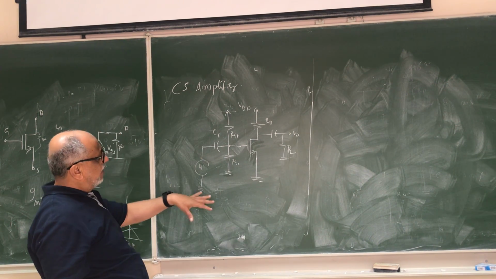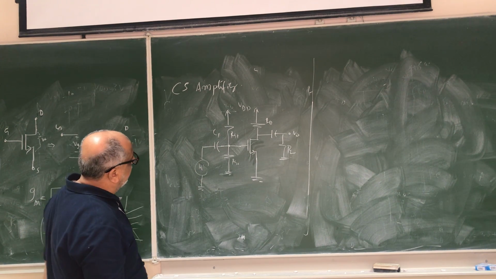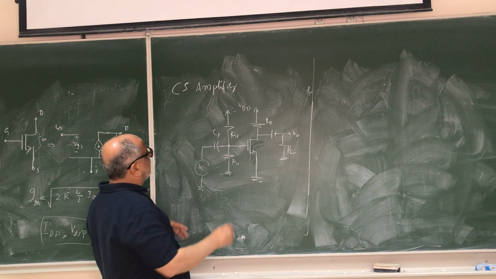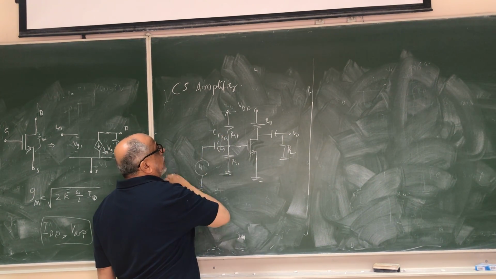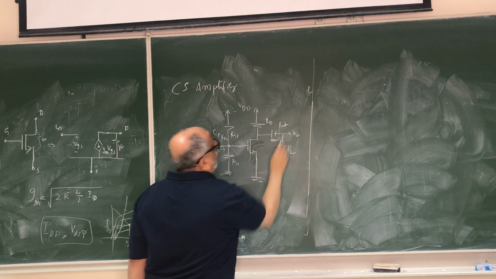So this is a basic common source amplifier. We would like to find the gain expression, input resistance and output resistance. As I said before, the input resistance is the resistance seen after the source, and the output resistance is the resistance seen before the load.